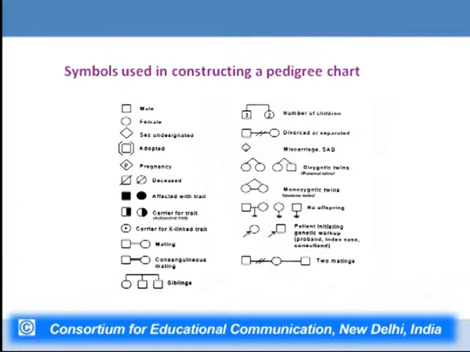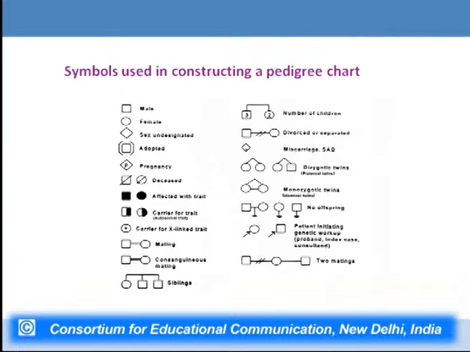Mating between 2 individuals, between the male and female, will be represented by a connecting horizontal line between the circle and the square. Whenever there is consanguineous mating, that is if cousins marry each other, that would be represented by 2 horizontal lines connecting the square and the circle. Siblings are represented by vertical lines emanating from a horizontal line, which is also known as the sibship line.